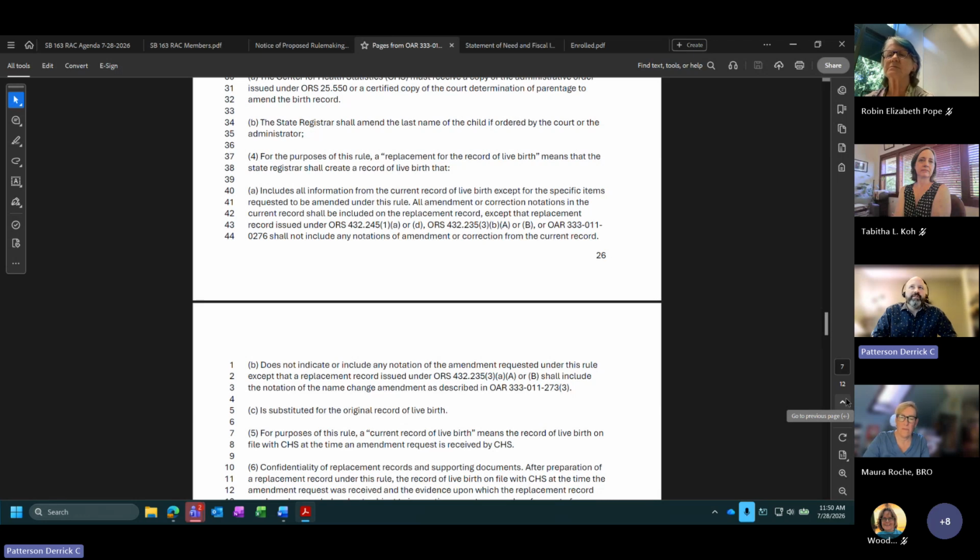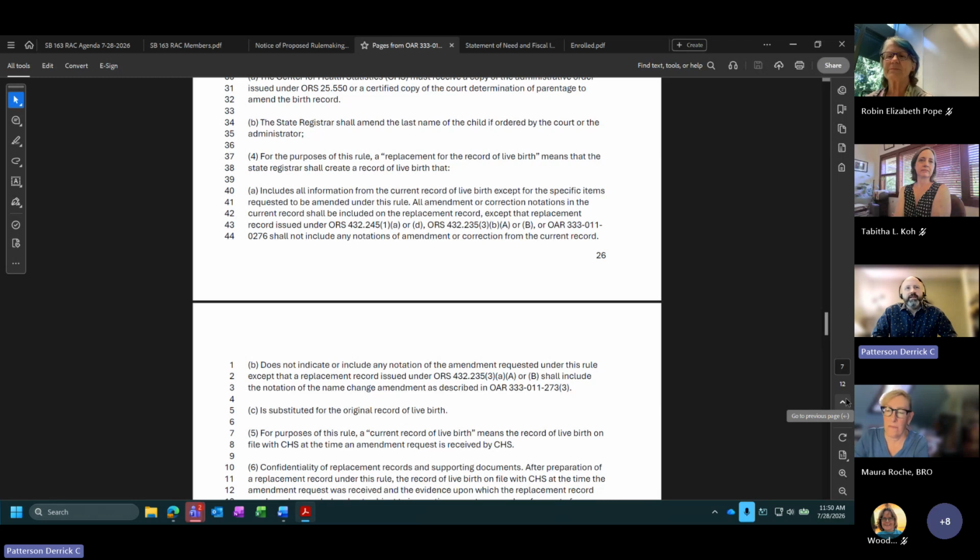All amendment or correction notations in the current record shall be included on the replacement record, except that the replacement record issued under ORS 432.245(1)A or D, ORS 432.235(3)B, Big A or Big B, or OAR 333-011-0276 shall not include any notations of amendment or correction from the current record.